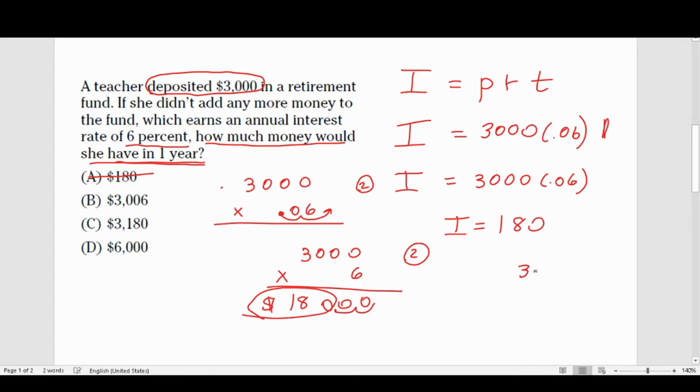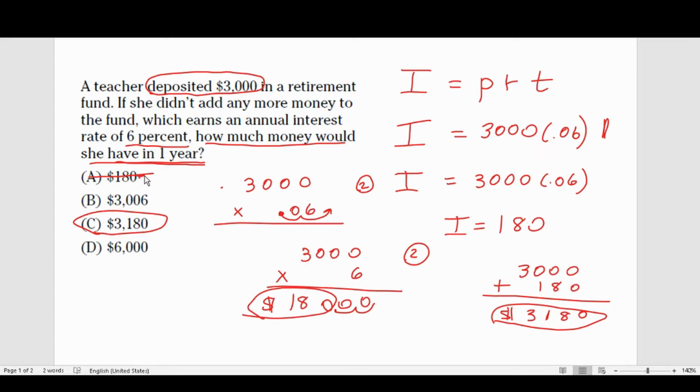So we're going to do 3,000 plus 180. 0 plus 0 is 0. 0 plus 8 is 8. 0 plus 1 is 1. And 3 plus nothing is 3. So in reality, after 1 year, she'll have $3,180. Again, don't make that mistake.